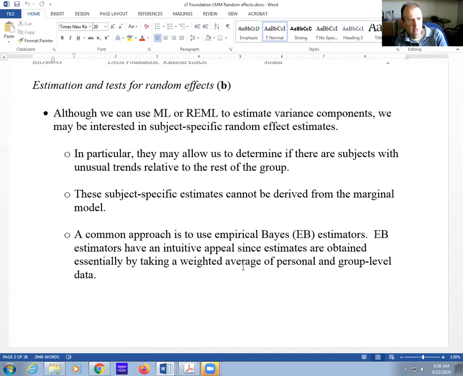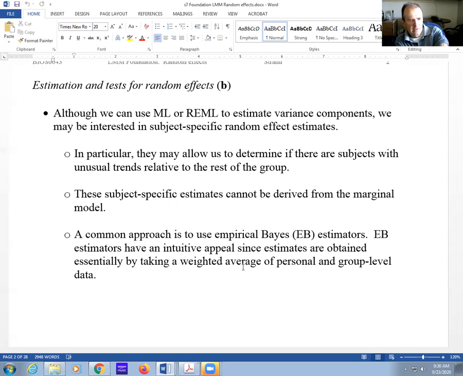So the question is, how do we perform inference for the random effects? A really natural approach is to use Bayes methods for this, and in particular, empirical Bayes methods. It's natural for a mixed model, which I'll explain in a second.